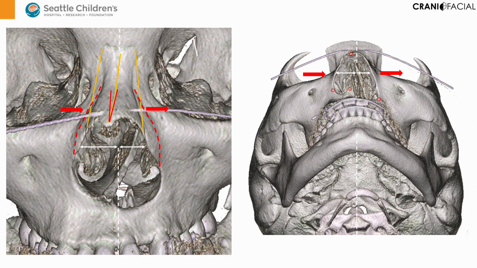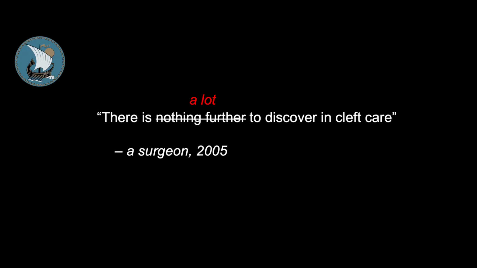And so, for now, when I do definitive septal rhinoplasty at maturity, I spend a lot of time focusing on a large outfracture on the cleft side to open the nasal airway. And so there's still a lot to discover in cleft care.